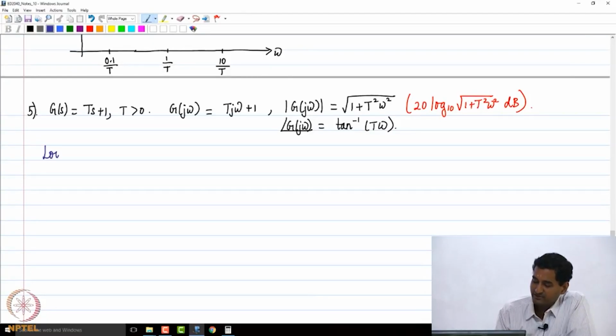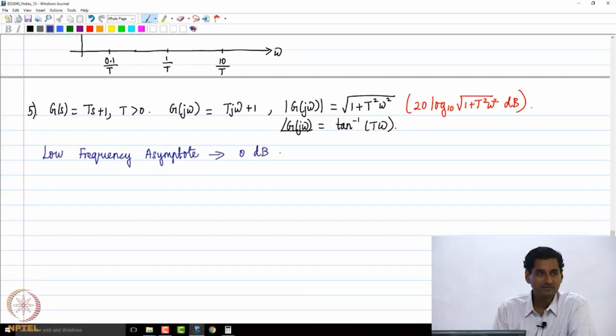What is going to be the low frequency asymptote of the magnitude plot? It is going to be the 0 decibel line, when omega is lower than 1 by capital T, it tends to 0 decibel. What is the high frequency asymptote?